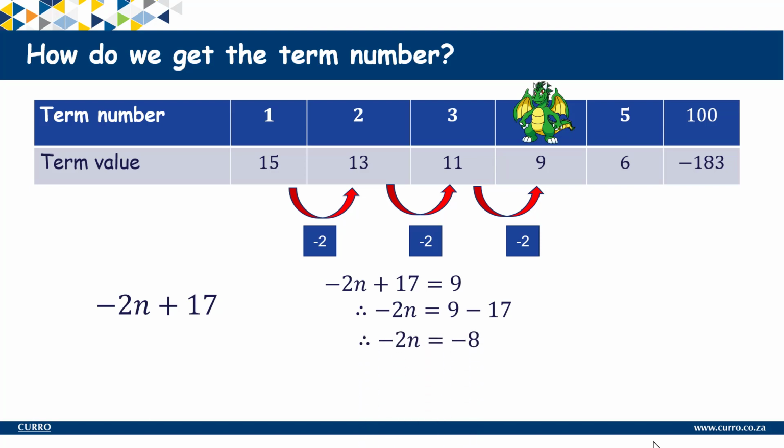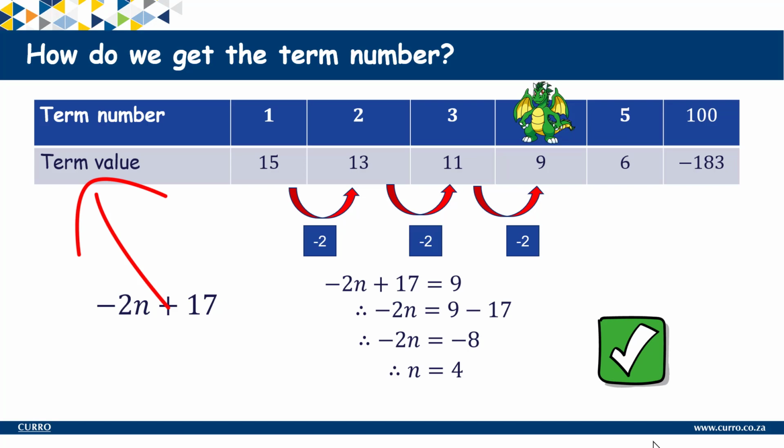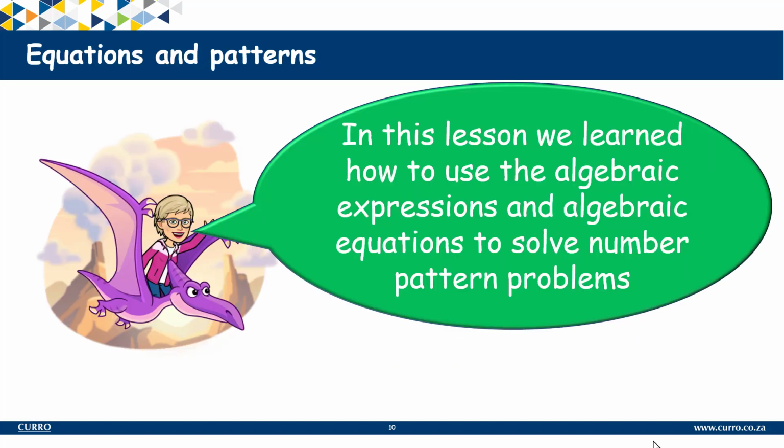Then we divide by negative 2, which is the coefficient of n, and n is 4. Voila! So we use an algebraic expression to find the term value, and we use an equation to solve and get the term number. So in this lesson, we learned how to use algebraic expressions and algebraic equations to solve number pattern problems. And our number pattern is not mysterious anymore.